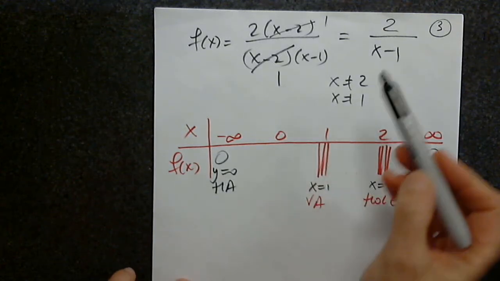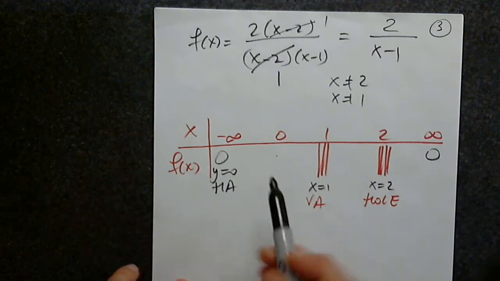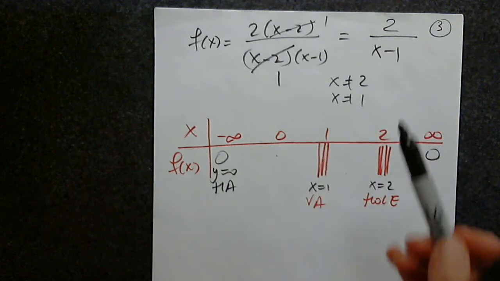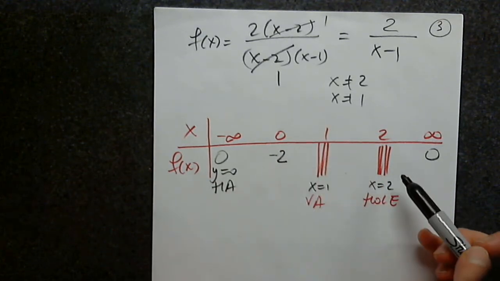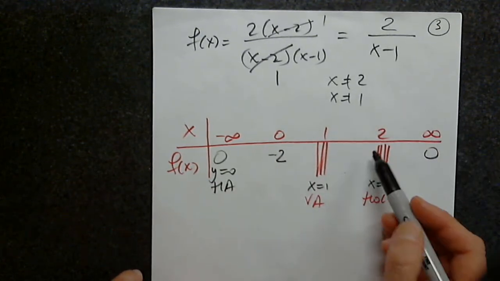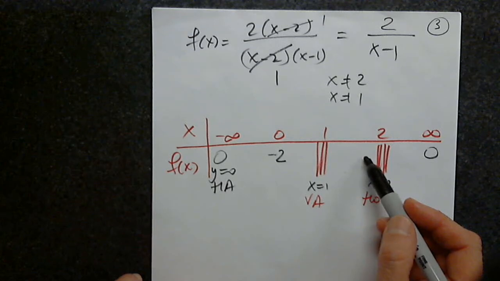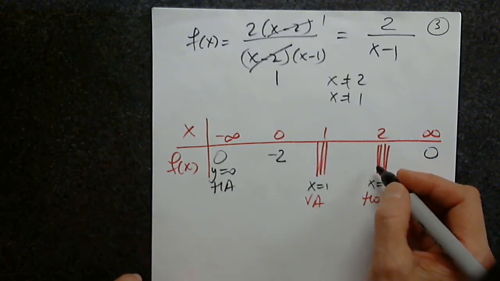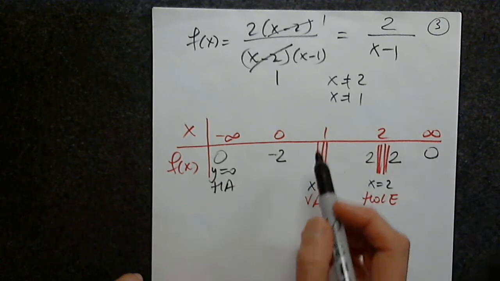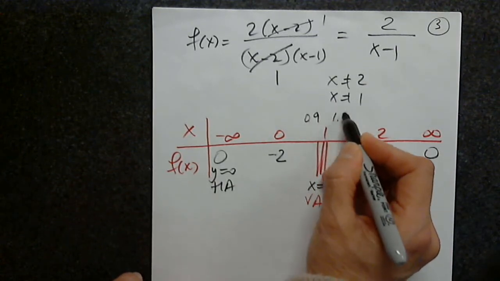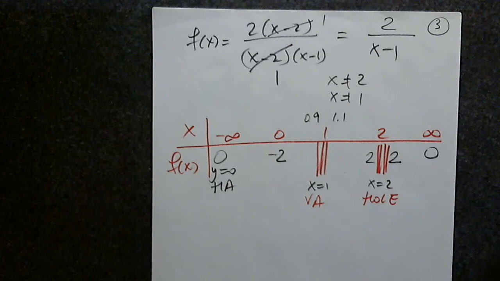Okay, so let's plug in 0, and please tell me what you get. Very good, I agree. When we plug in 2, what do we get? Very good. And now we plug in 0.9 and 1.1 for the sign of infinities.